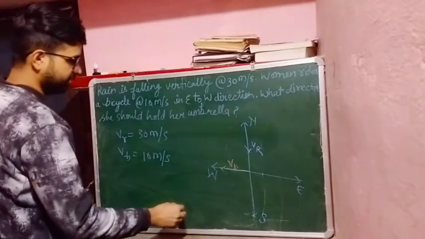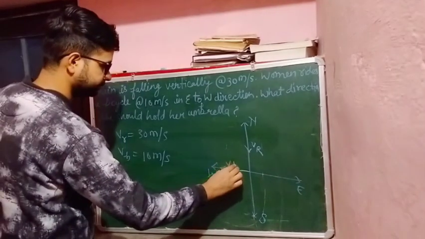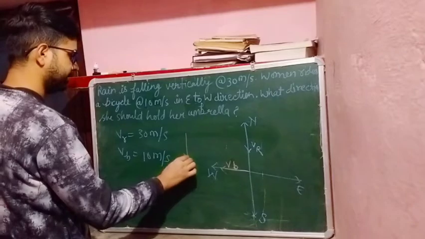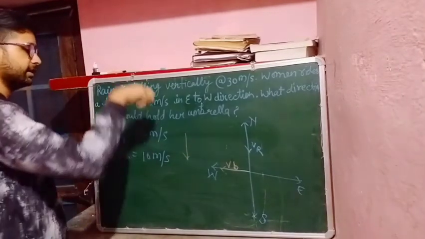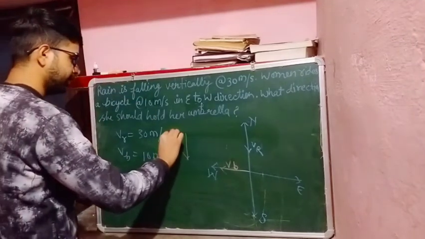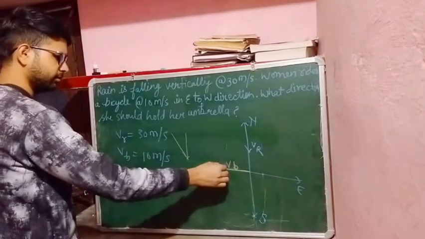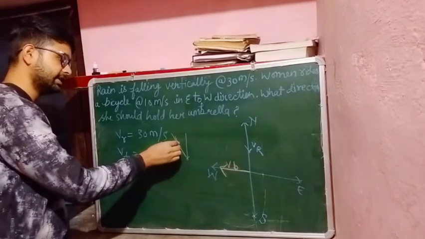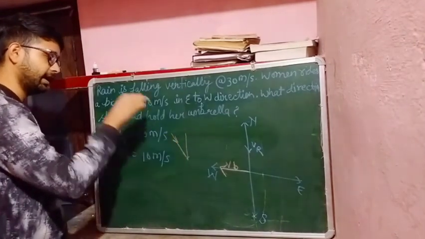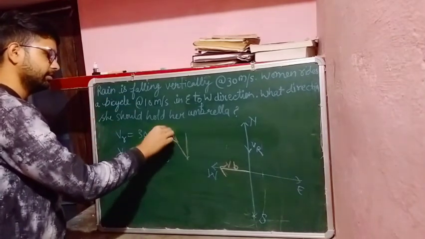This is the velocity of the bicycle or velocity of the woman, VW we can say. In what direction should she hold her umbrella? We know that if she is going in this direction, then this vertically falling rain will no longer appear vertical to this woman who is riding the bicycle. To her, the direction of the rain will shift from this position to this position.